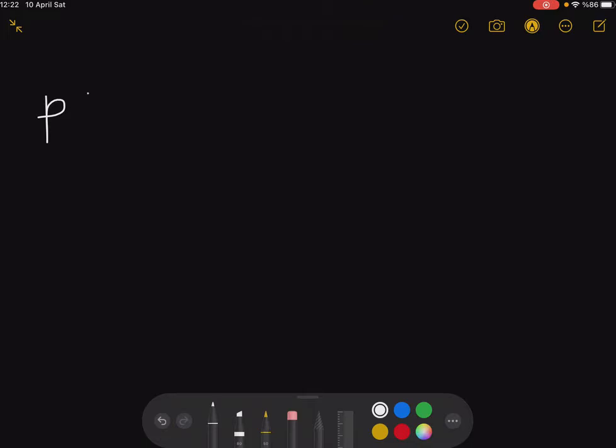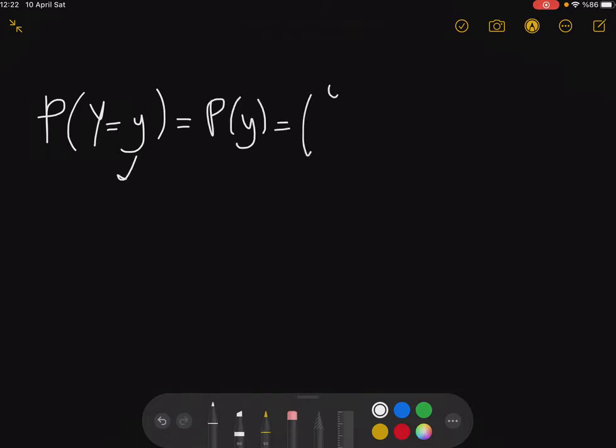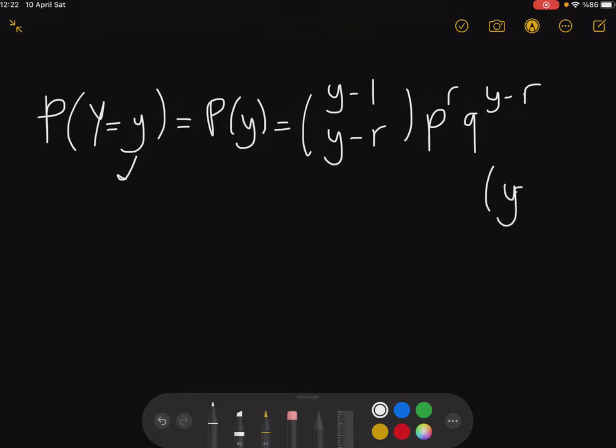So if we denote this with capital Y, your random variable, and we're curious about the Y parameter here, the probability of Y would be (Y minus 1 choose Y minus R) P^R Q^(Y minus R). You're curious about the rth occurrence of an event here. Your Y can be R, R plus 1, etc. It can go ahead like this.